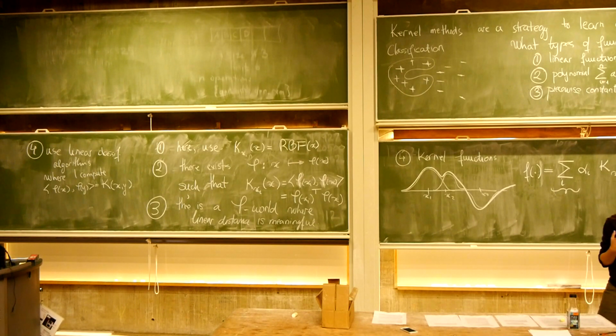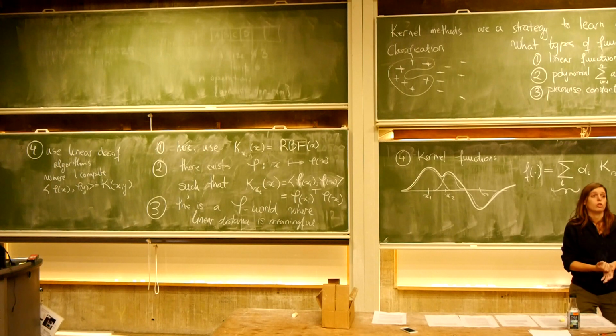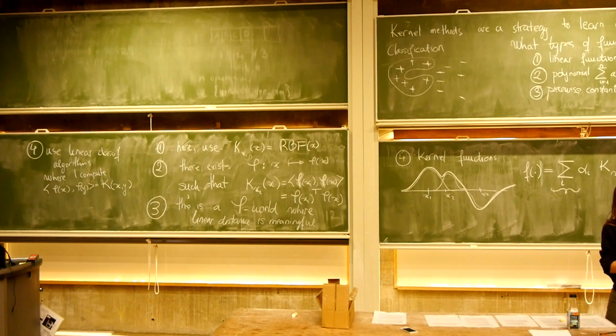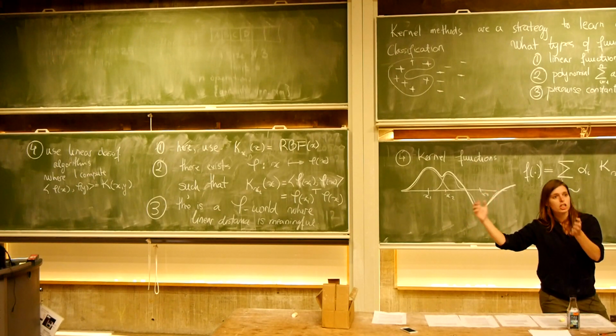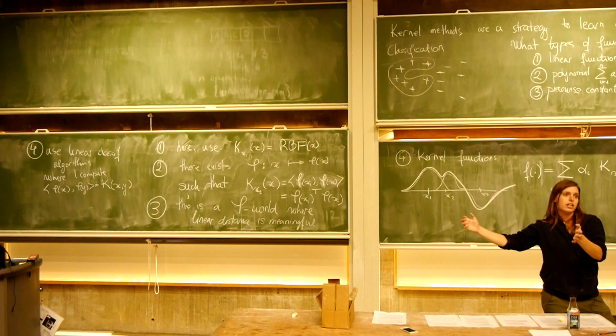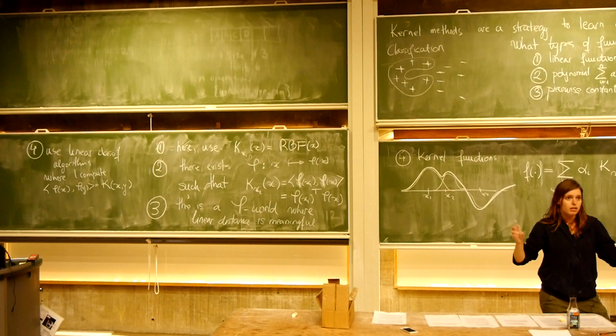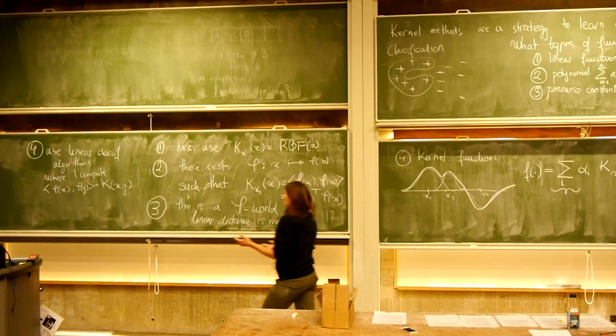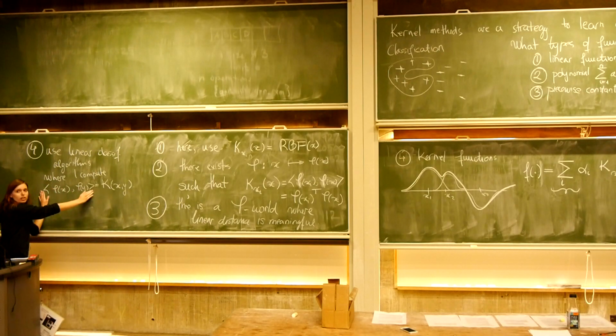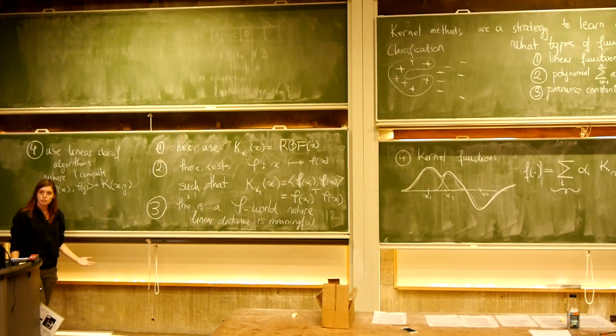When you want to do a different task, which is to say, I want to be able to learn something really difficult using existing tools, then you think about the second perspective. If you have a kernel function, you can take any linear algorithm and kernelize it through what is called the kernel trick. That's all the kernel trick is: this line over here, whenever you have to compute a dot product, you compute a kernel instead.